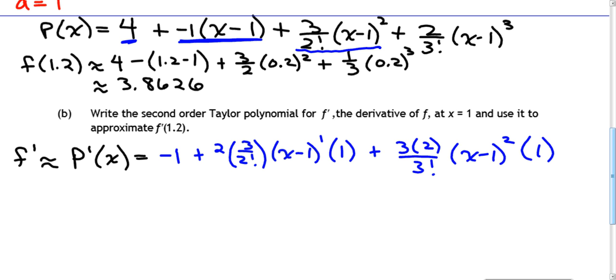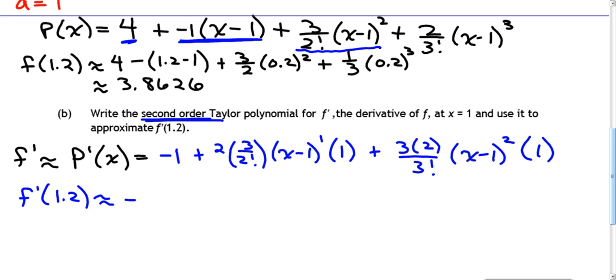Now it should make sense why this question only asked for the second order Taylor polynomial, because the only polynomial I had was a third order. So I found my derivative approximating using values of x around 1, and now we're going to approximate f prime of 1.2 using this.